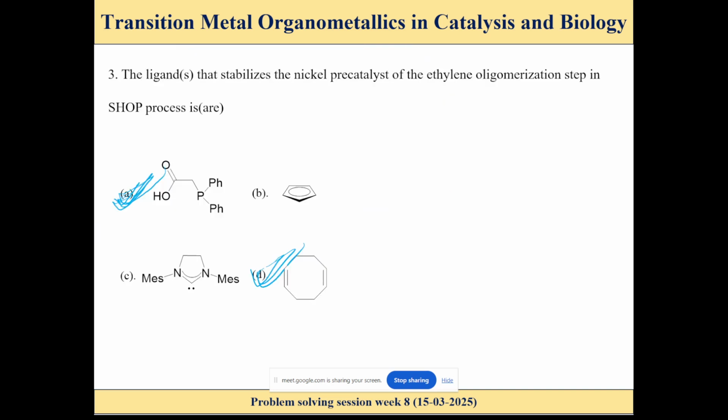So A and D are the two ligands, that is, the phosphorus-containing ligands, and the other is cyclooctadiene.